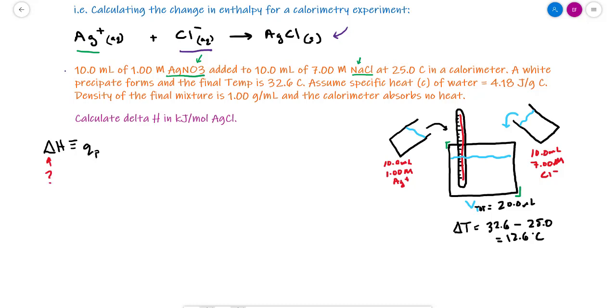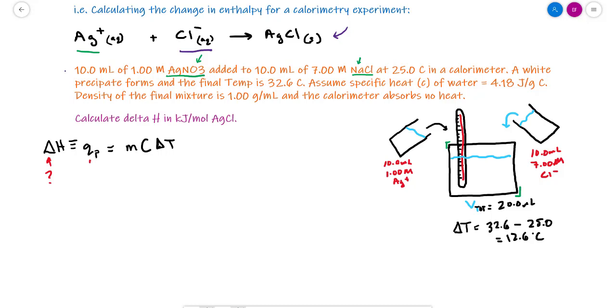But ultimately what we can measure is heat in a calorimeter, and how do we get heat? Well, we actually measure temperature. And we know that the heat change is going to be equal to the mass of the substance times its specific heat times whatever the delta T is that we measured in the calorimetry experiment.